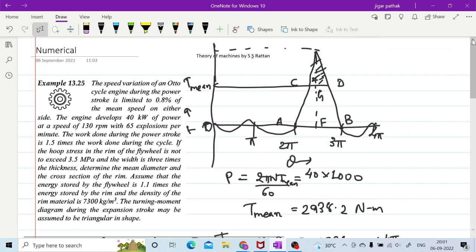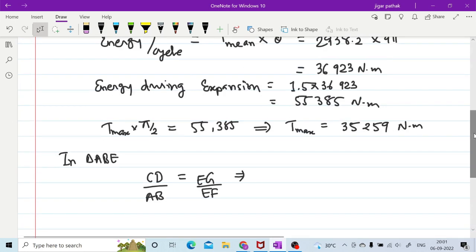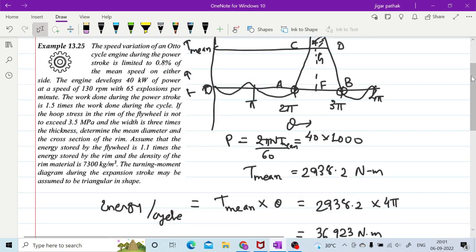This point is E point, right? So this is your triangle ABE, and in this triangle you have similar triangles. So CD upon AB is EG upon EF, that is what I have mentioned here.